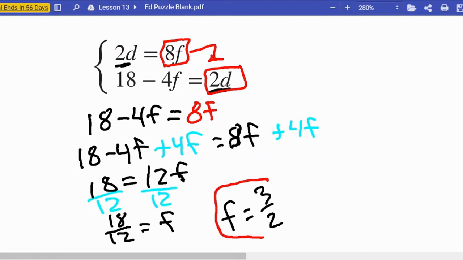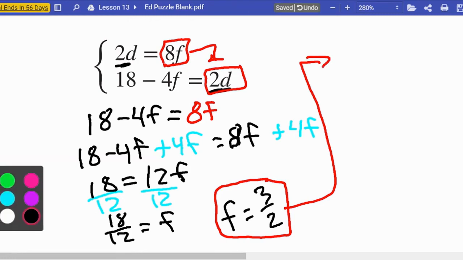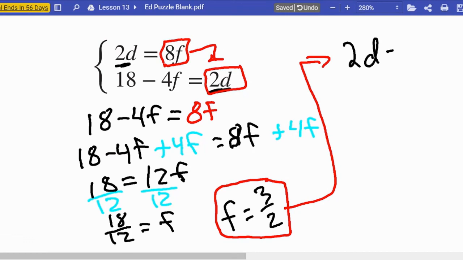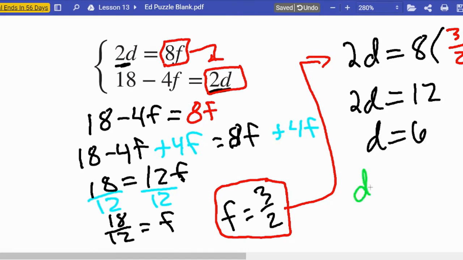Now we take this 3/2, substitute it back into the original. So 2D is equal to 8 times 3/2. And then we solve for D. So we have D equals 6, F equals 3/2.